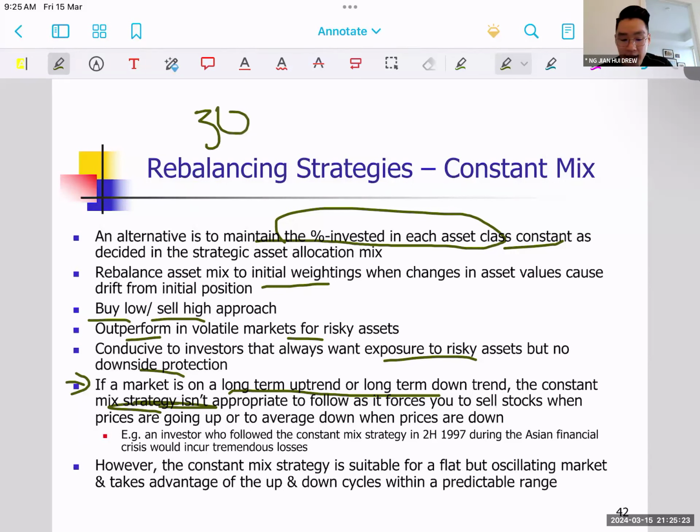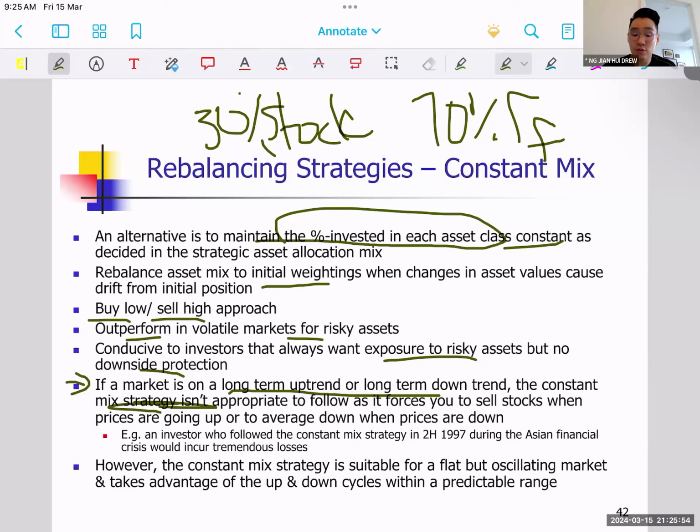You have to sell, right? So let's say the long-term trend keeps on going up, the stock price keeps on going up, you keep on having to sell to maintain the 30% stock. And what does this mean? It means that it forces you to sell the stock when it's going up, which is not good. Why? Because you are not capitalizing on the upside gain of your stock because the stock keeps on going up, but you keep on selling in order to maintain 30%. So it's not good when there's a constant upwards trend.